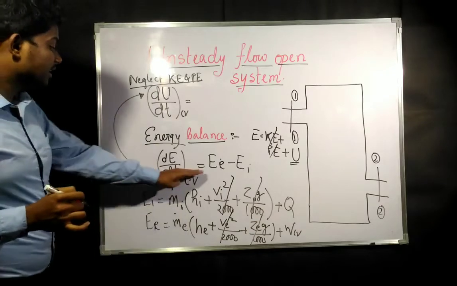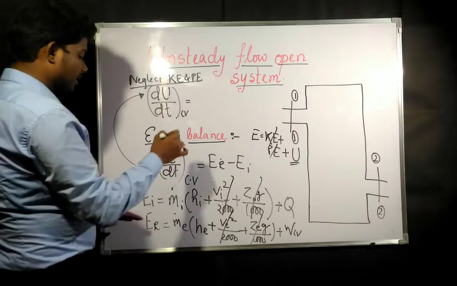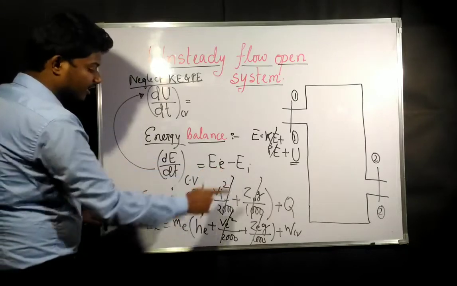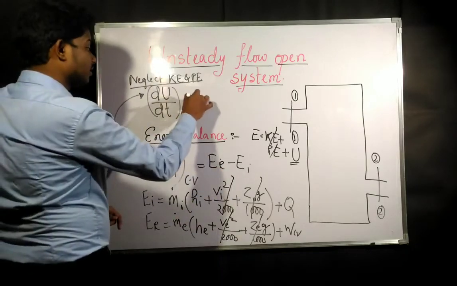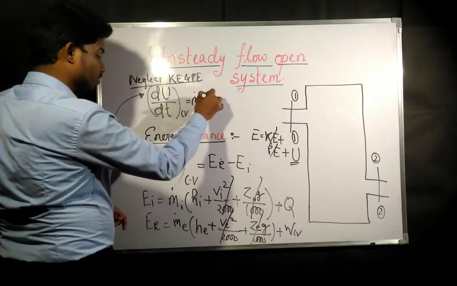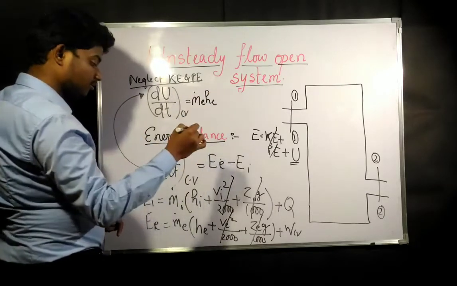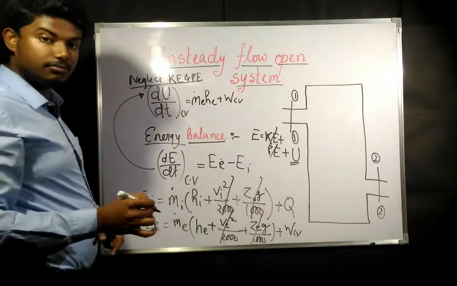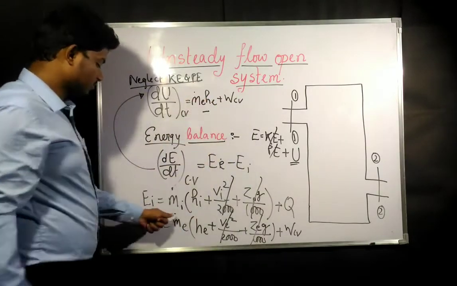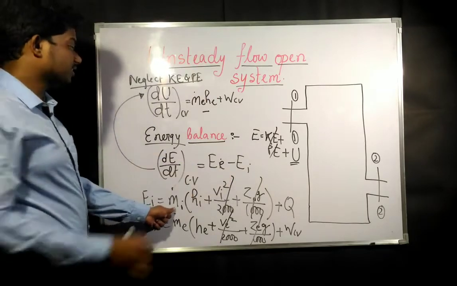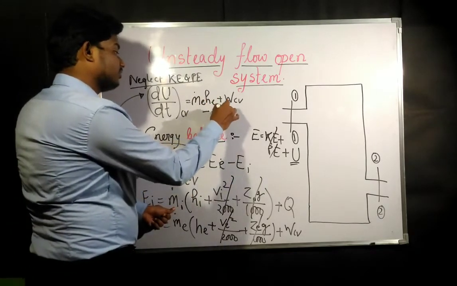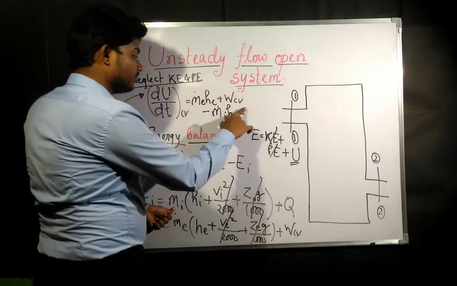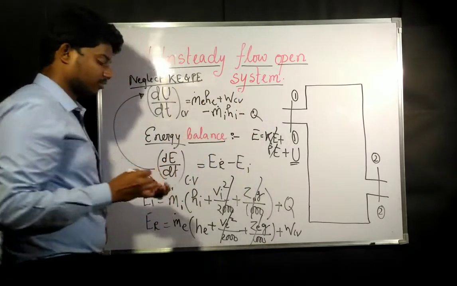Neglecting KE and PE, this equation becomes: energy at exit, which is m dot e times h e, plus W of CV, minus energy at inlet, which is mass flow rate at inlet times enthalpy at inlet, minus heat transfer.